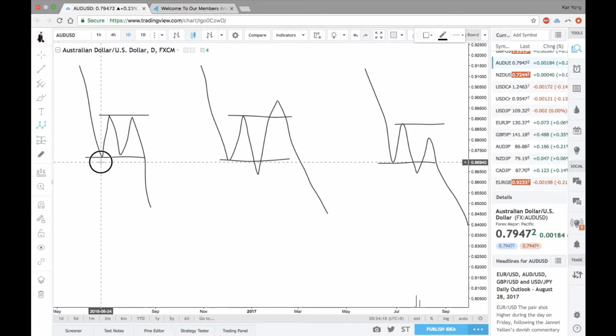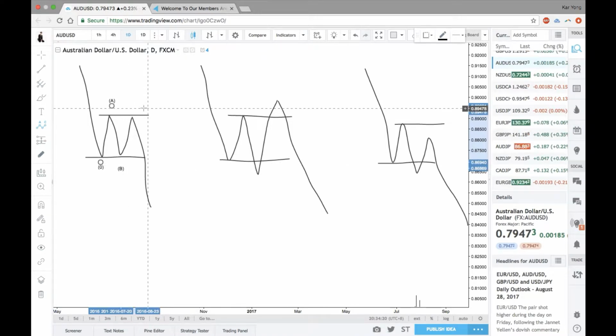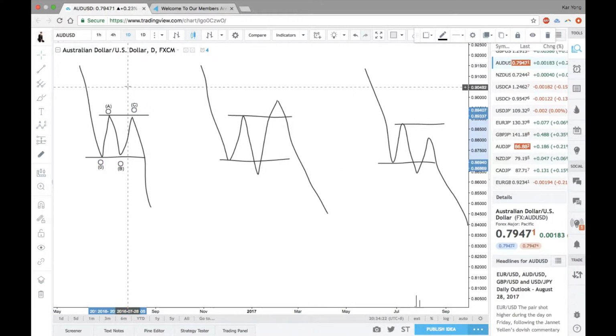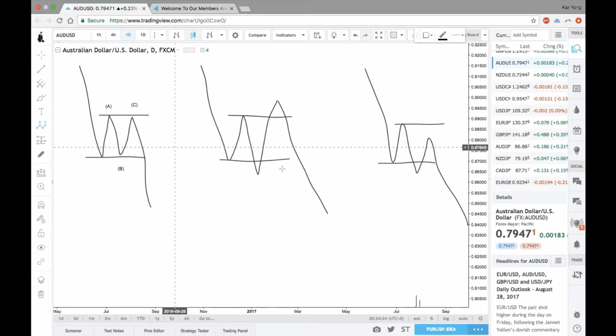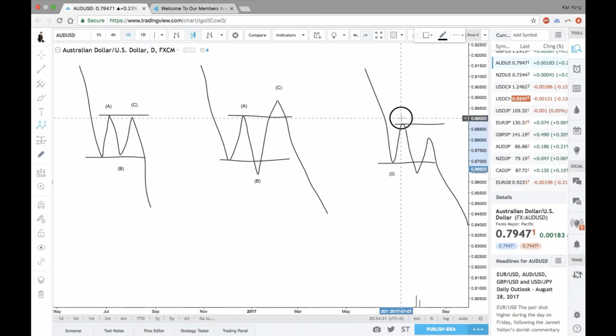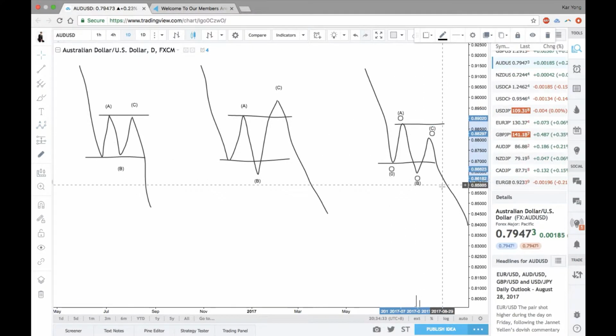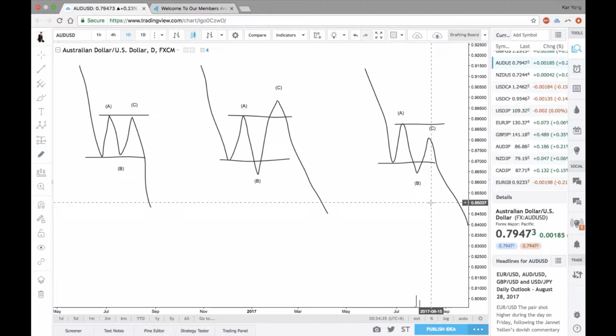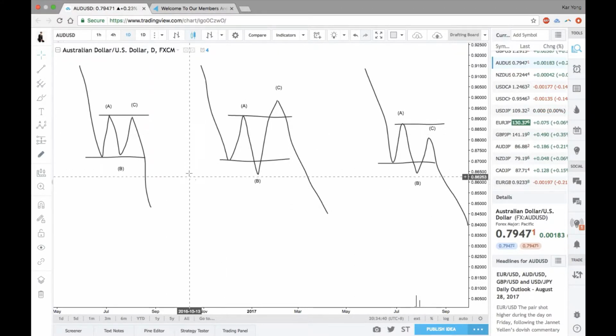For flat, all of the flats are labeled as ABC. So your expanded flat is also ABC, your regular flat is also ABC, and your running flat is also ABC. This is how you label it, and this is how it looks. This is all downside; if it's going up, then you just flip it the opposite.